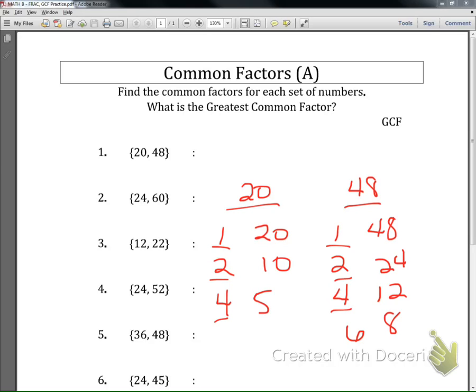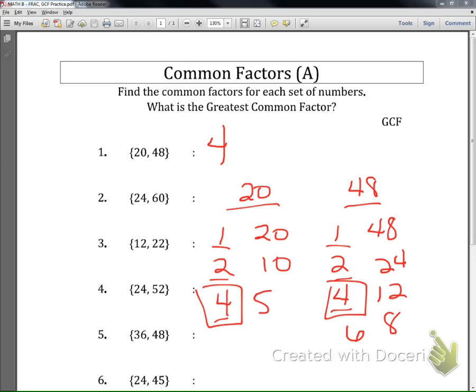Are there any others? I see 12, 5. I don't see others. So 1, 2, and 4 are all what are called common factors. They're in both sets. It's what they have in common. 20 and 48 both have 1, 2, and 4 in common. But the greatest common factor means the largest number they have in common. In this case, it's 4. So the greatest common factor between 20 and 48 is 4.